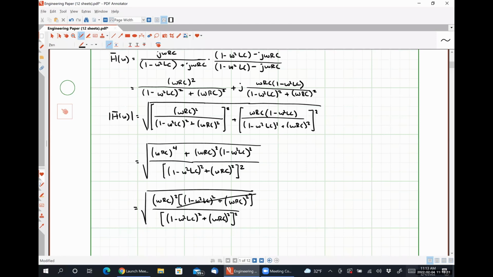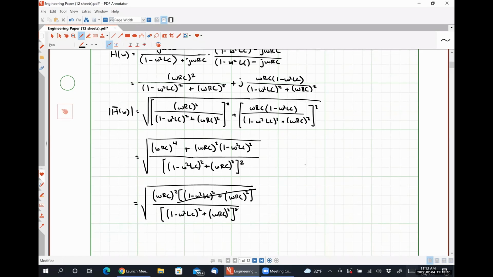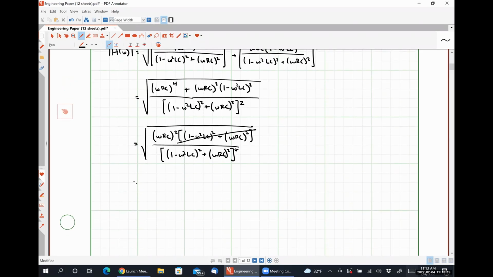And this guy right here cancels out one of my powers in my denominator, leaving me with the square root of 1 minus omega squared LC squared plus omega RC squared in my denominator, and just a factor of omega RC in my numerator.